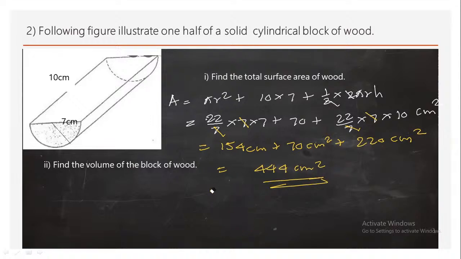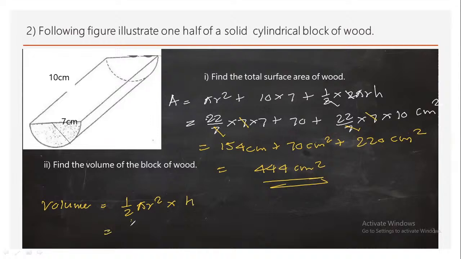Find the volume of the block of wood. Volume means this cross-section area into this height. Volume equals half of pi r squared, right? Half pi r squared into h. It means 154, right?